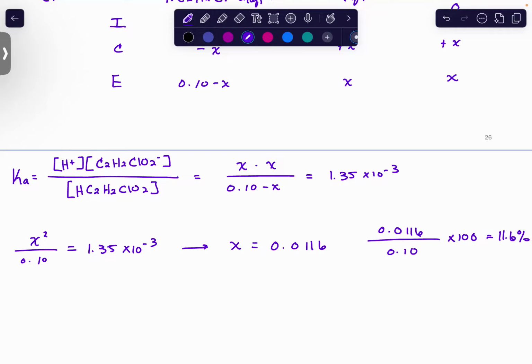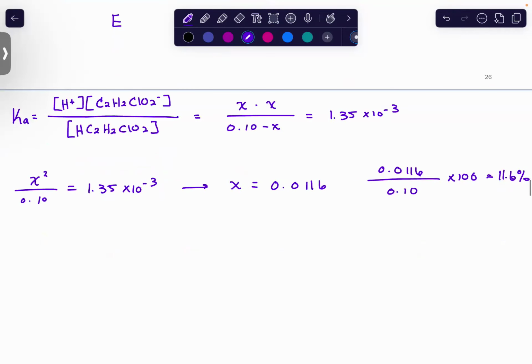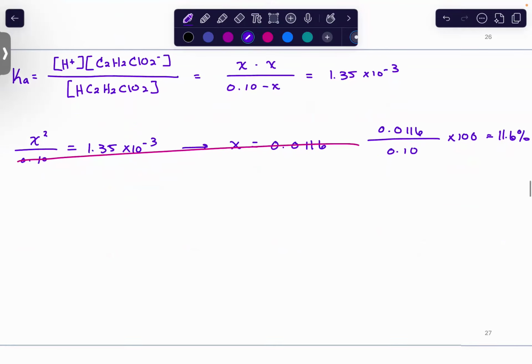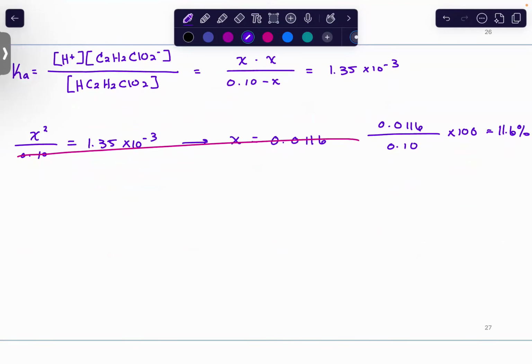So again, when you're at 10 to the negative third, if you want to save some time, just go ahead and set it up for the quadratic formula, because some of them will work, some won't, but you're going to have to do the 5% test every single time if you're not sure. Since we know that, this is a no. So sadly, we have to set it up for the quadratic formula.